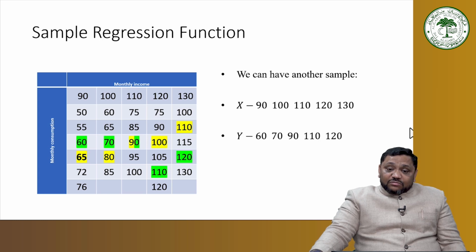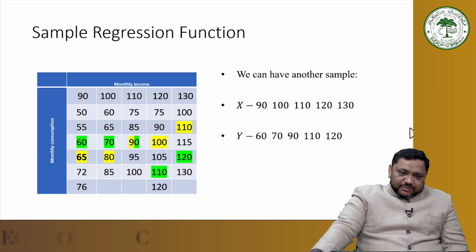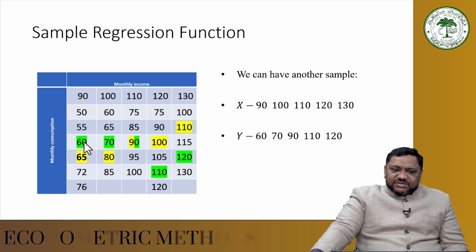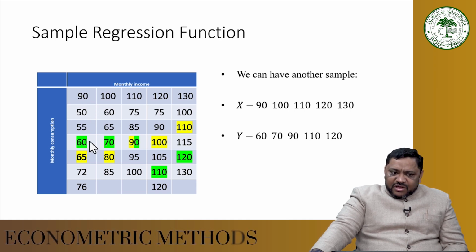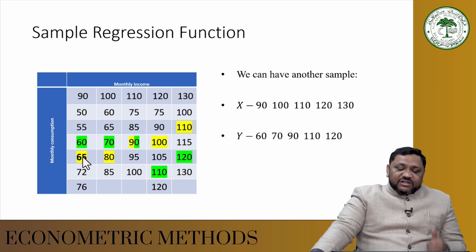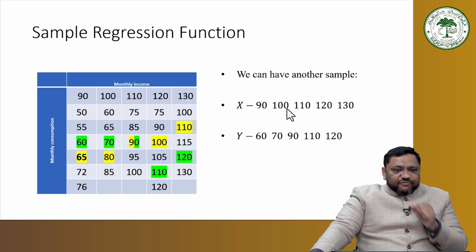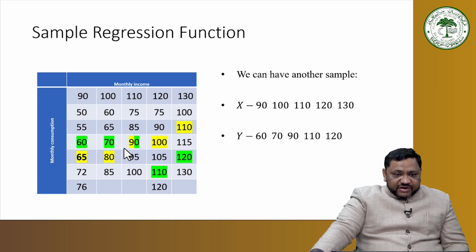Now, I select another sample. Again, for 90, the sample selected is 60. In the first case, the samples we selected were highlighted in yellow, but now the selected samples are highlighted in green. So for 90 it is 60, for monthly income 100 it is 70.